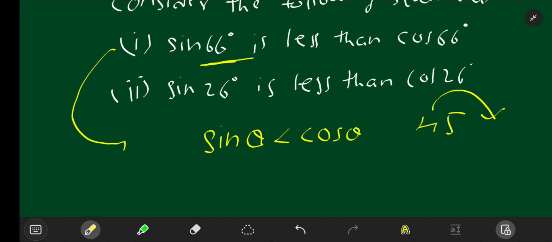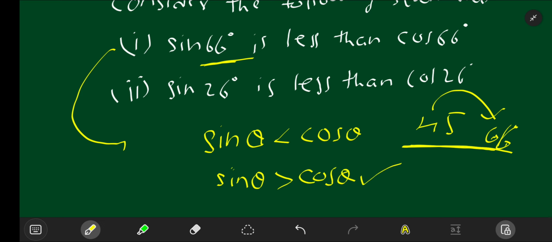After 45 degrees, the correct statement is sin theta is greater than cos theta. This is the correct one.